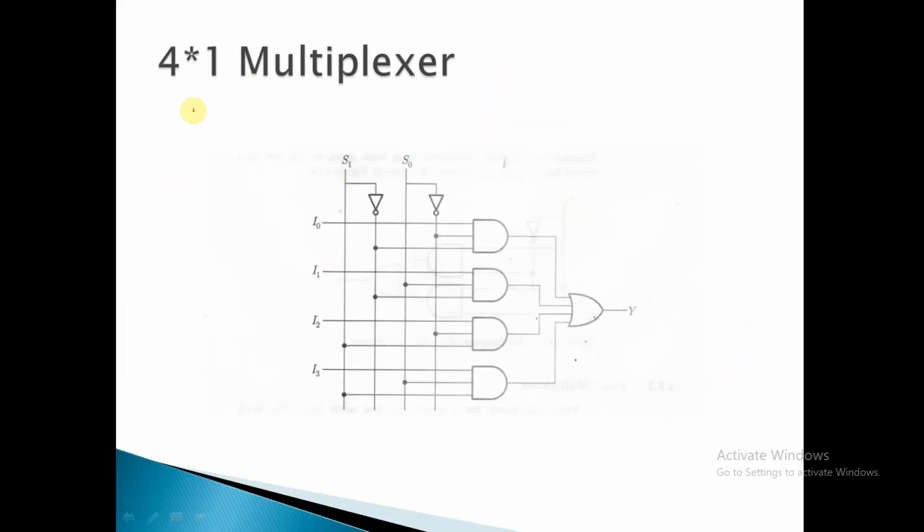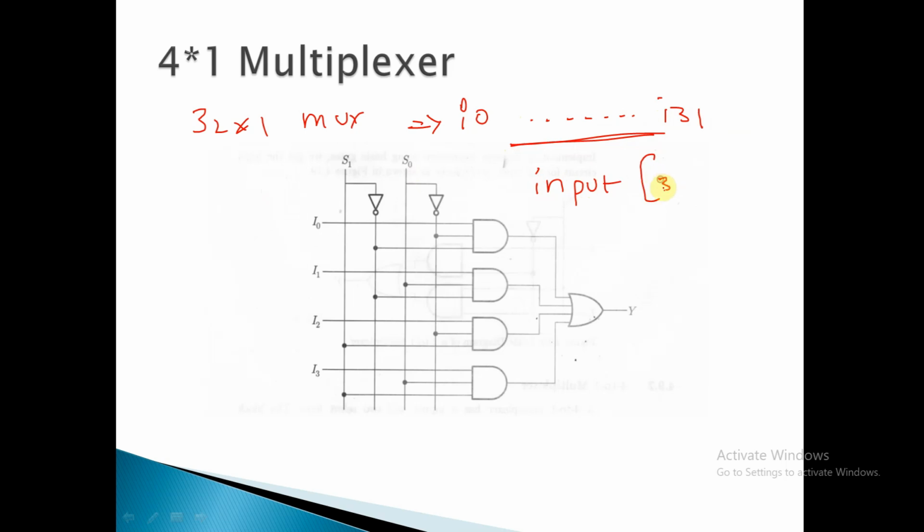Let's say we have a 32 cross 1 mux, with inputs from I0 to I31. Instead of writing all these names, you can simply declare a vector: input [31:0] I, or you can give any name. Like this you can create a vector.